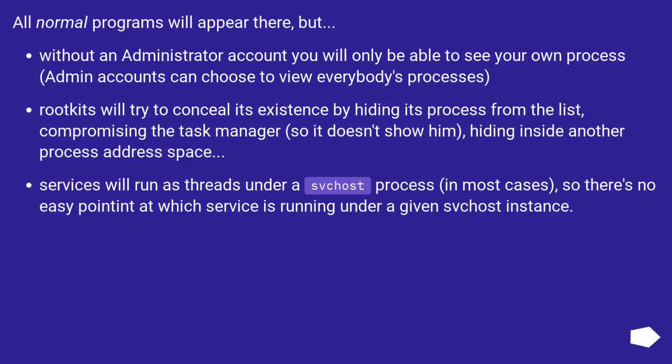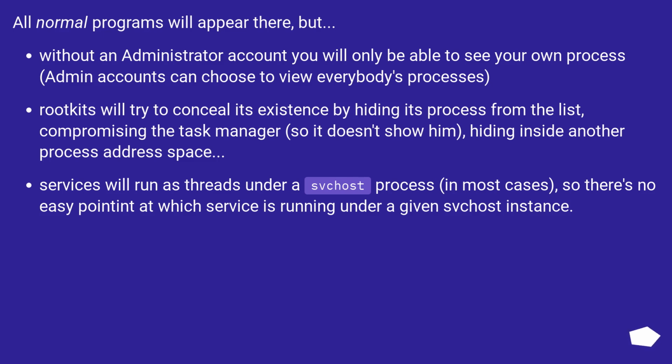All normal programs will appear there, but without an administrator account you will only be able to see your own processes. Admin accounts can choose to view everybody's processes. Rootkits will try to conceal their existence by hiding their process from the list, compromising the Task Manager so it doesn't show them, or hiding inside another process's address space.